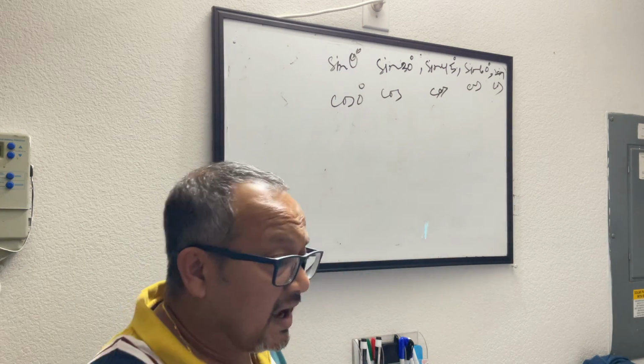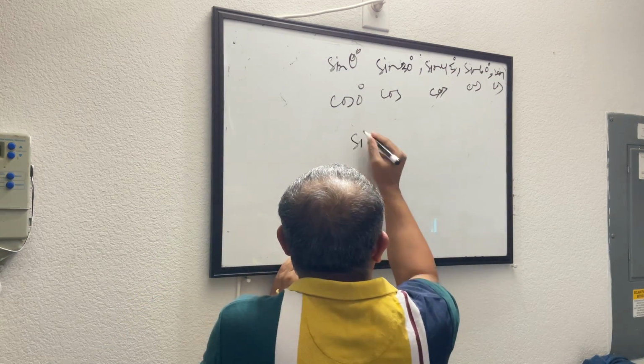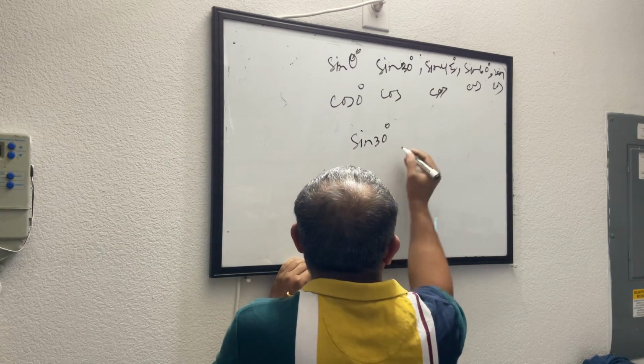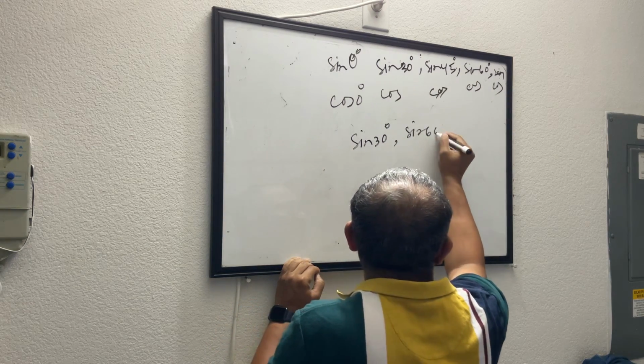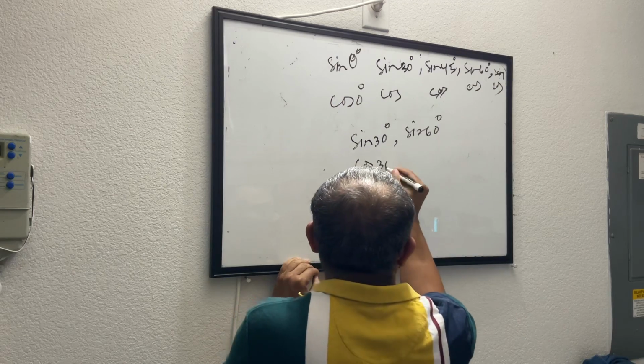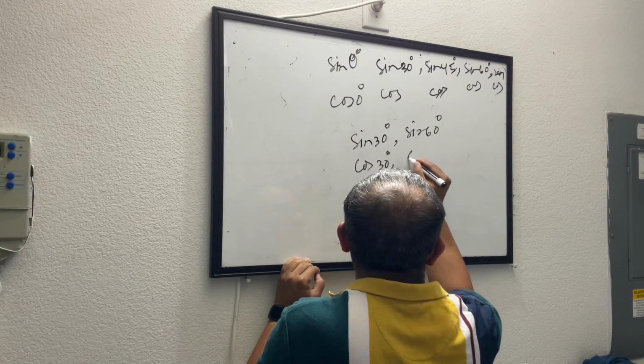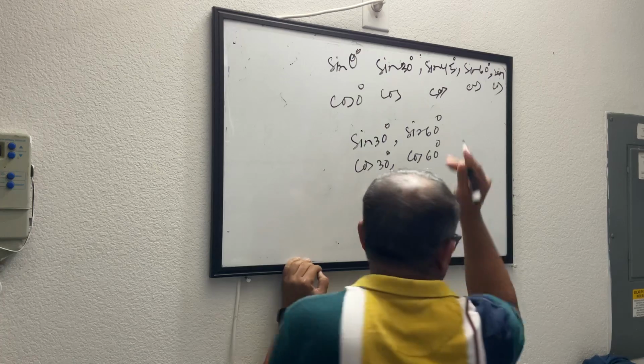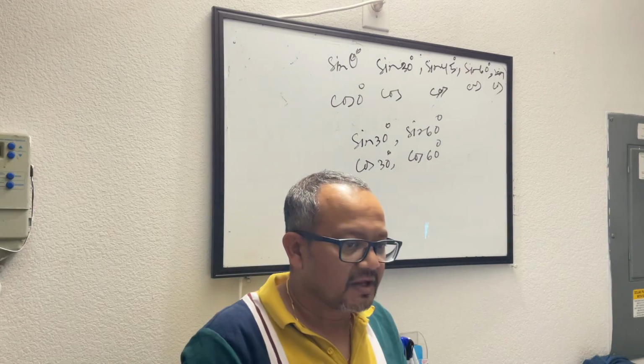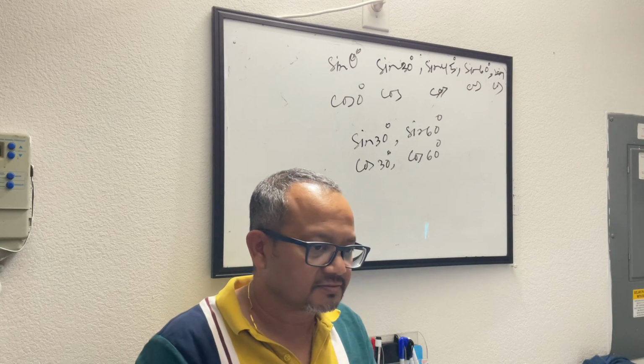So I'm saying let's try to find out what is the value of sine 30 degree, sine 60 degree, cos 30 degree, and cos 60 degree. How do you find it out?